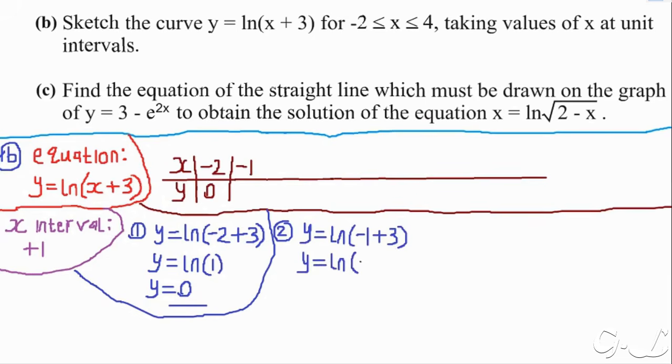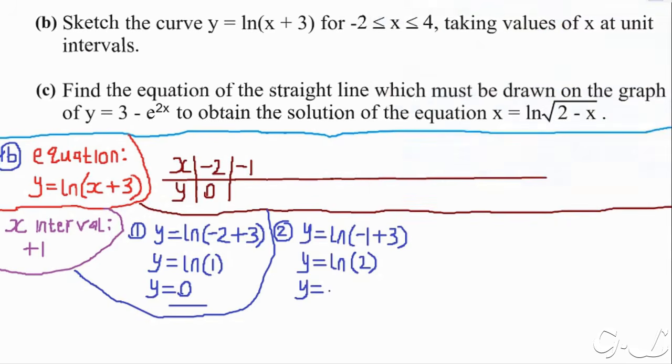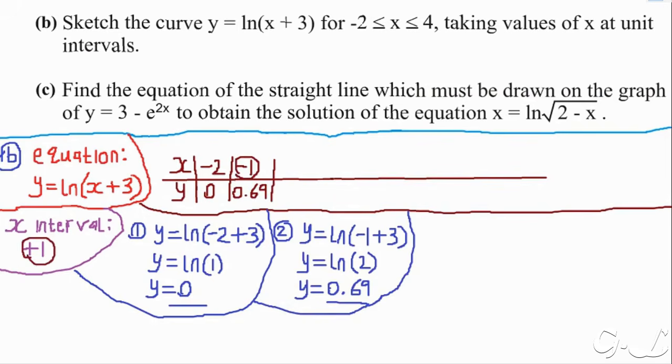When you do the calculations, those in brackets will be +2. Then when you use the calculator, natural log of 2 is 0.69 when you round it off. So the coordinate of y is 0.69 in that case.